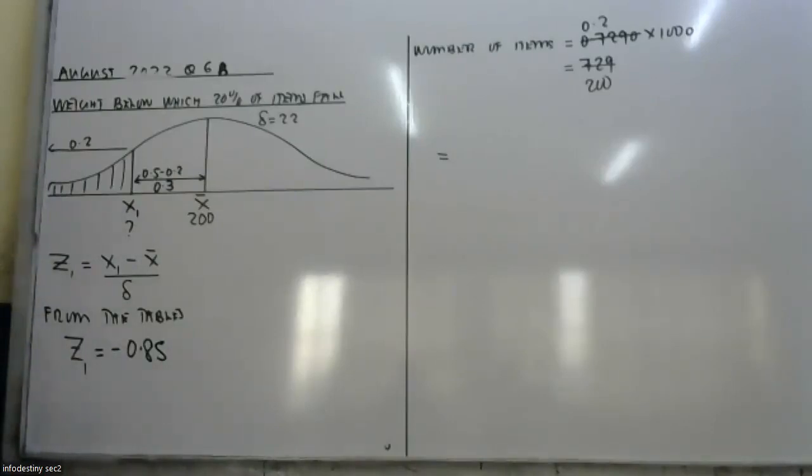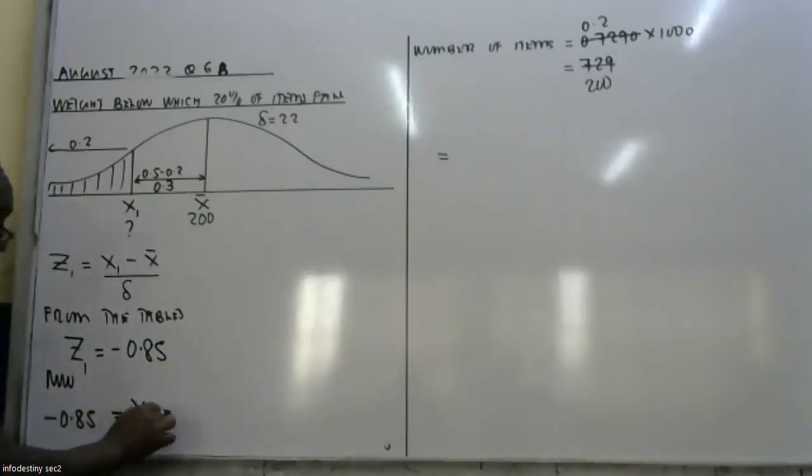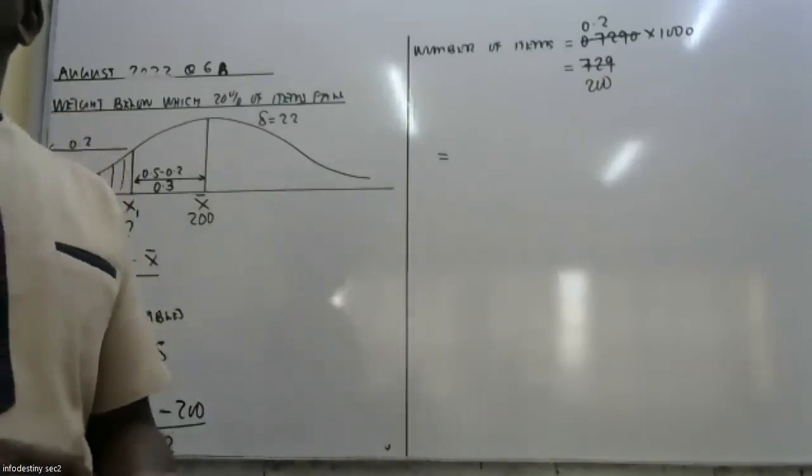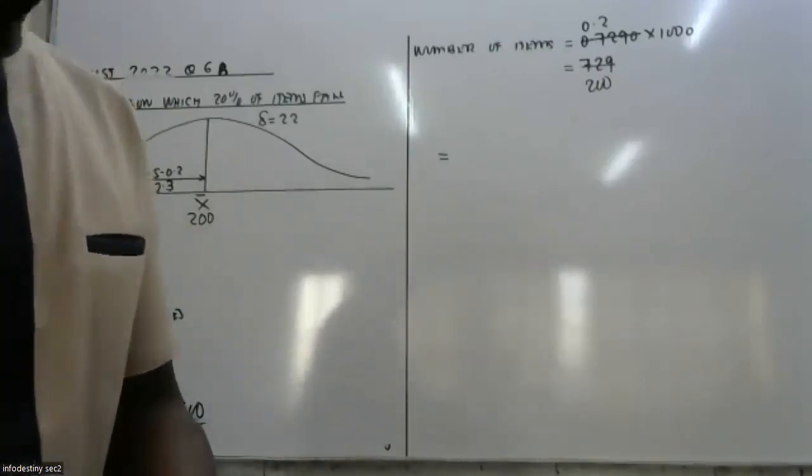Tumeelewa? Now tutakuja hapa. Tuseme now we know this is minus 0.85. X1 ndio hatujui, but X bar tunajua ni what? Na standard deviation tunajua ni. Are you able now to tell me the value of X1? So copy and tell me the value of X1 is what?